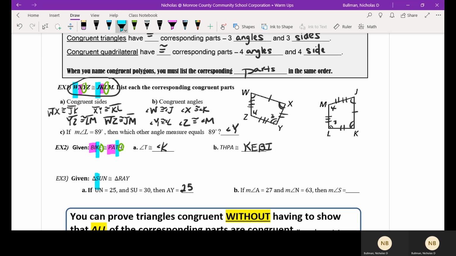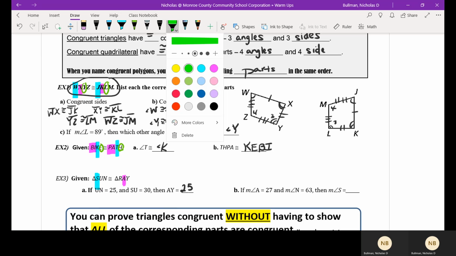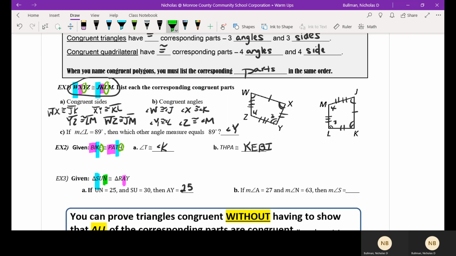They gave me A. They gave me the second letter, not what I need to match S. They also gave me N. So if I take a look at N, in fact, I'm going to switch my highlighter here. If they gave me N, that's also not what I need. It's not my first letter either. But if I notice, now I've highlighted one I need, which is the first letter, the second letter they gave me, and the third letter they gave me.